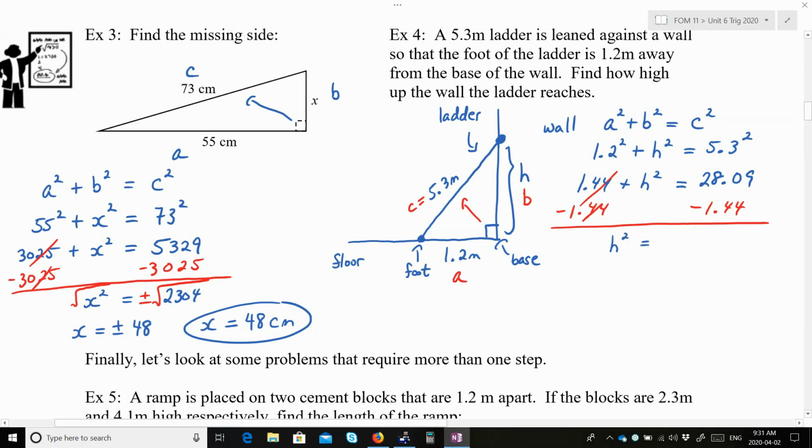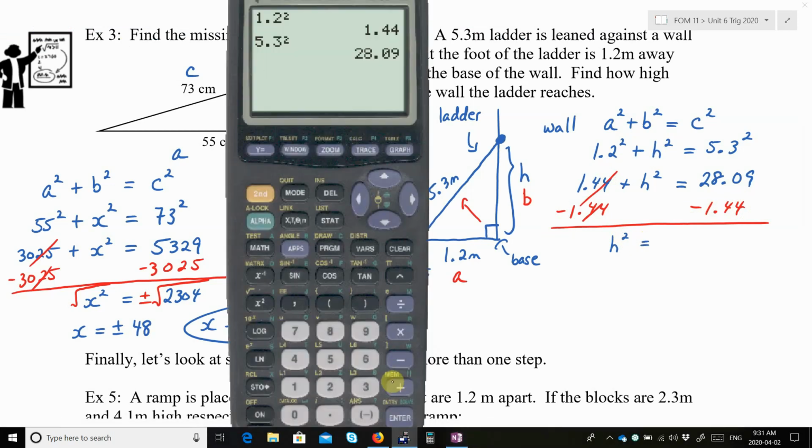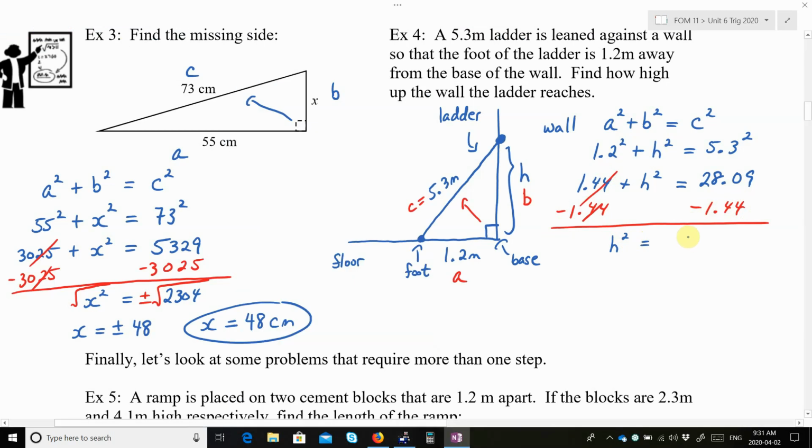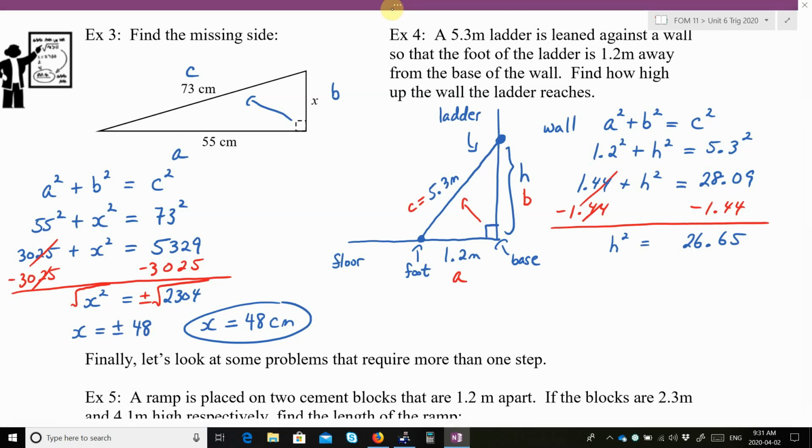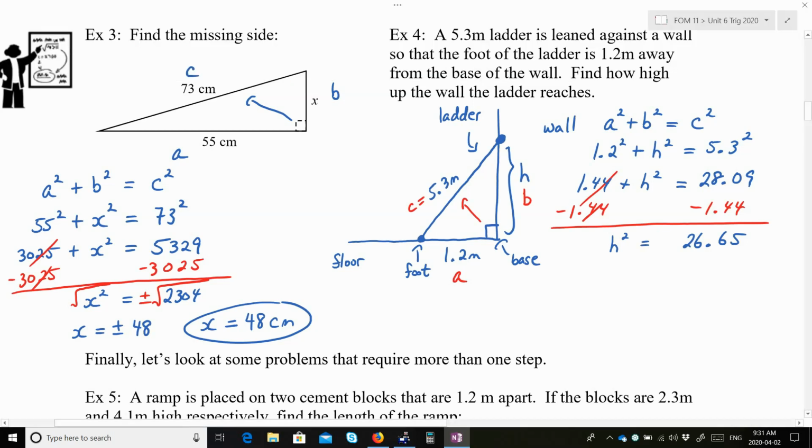And so h squared is equal to 28.09 minus 1.44, which is 26.65. And then from here, to get h by itself, I'm going to go square root, and the answer can be the plus or minus of that.